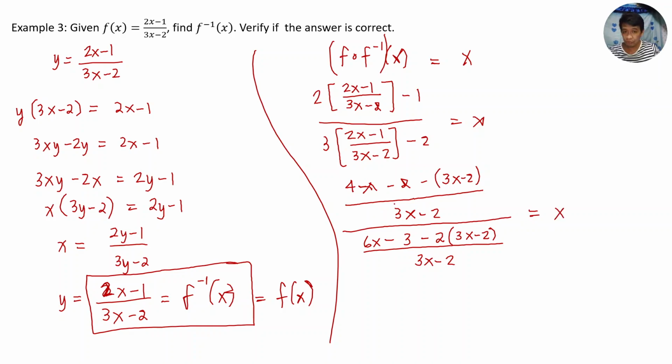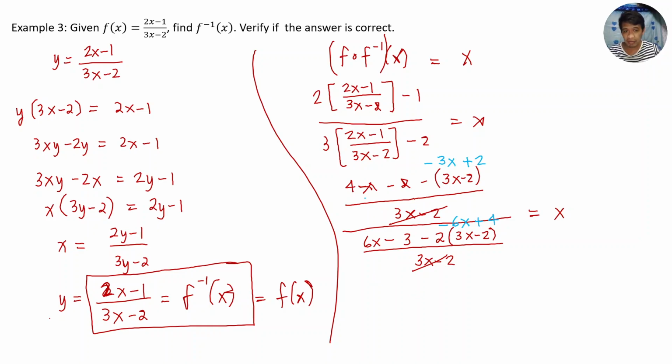Since both denominators are the same, if we multiply this numerator by the reciprocal of the denominator, this definitely cancels out. If we try to distribute that negative, magiging itong negative 3x, magiging itong positive 2. Also, pag dinistribute natin ito, magiging negative 6x. This becomes positive 4.